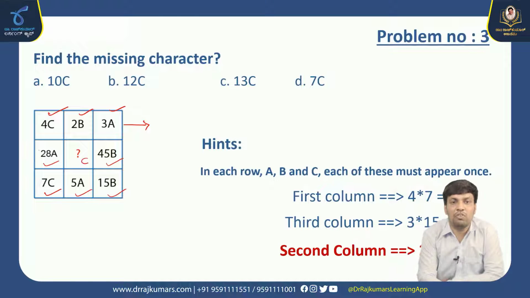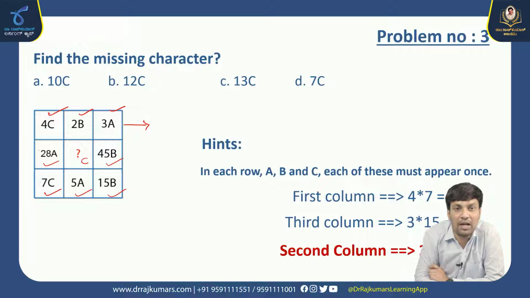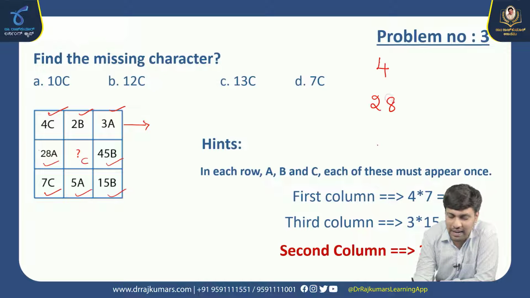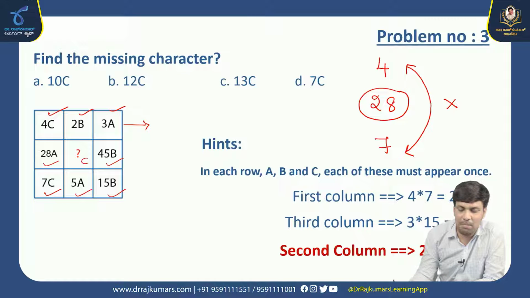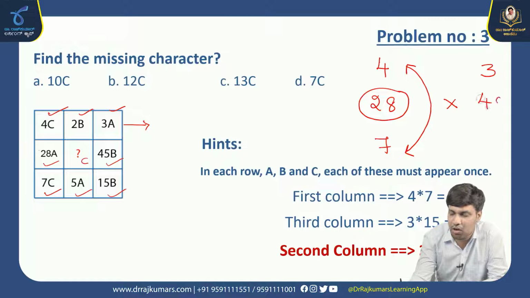Again, we need to find the number now. For finding the number, we need to observe the column. In the first column, we have 4, 28 and 7. Observe the extreme ends, 4 and 7. If you multiply 4 and 7, we get number 28. In a similar way, when we observe the third column, we have 3, 45 and 15.